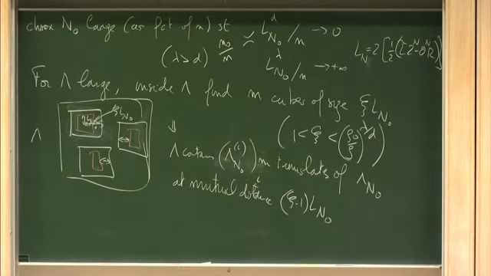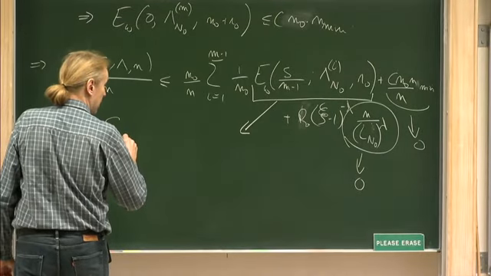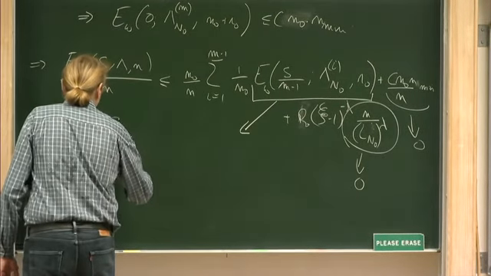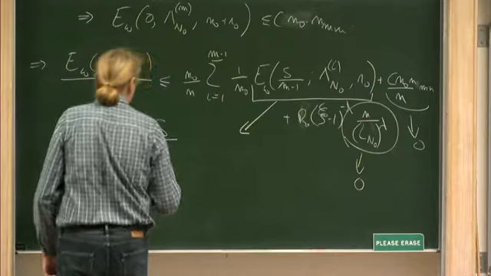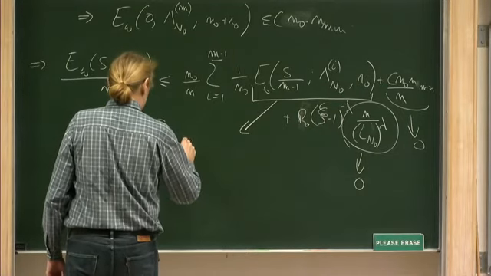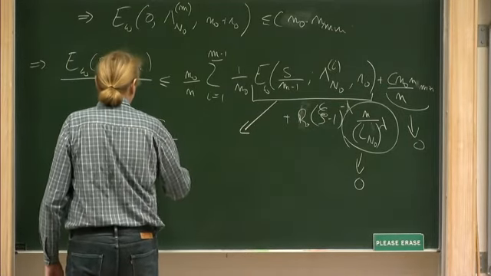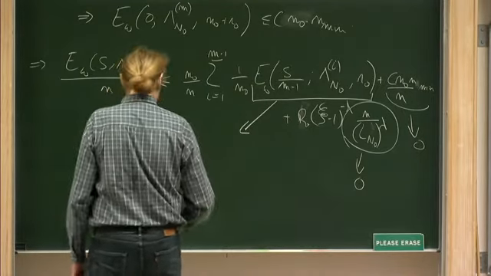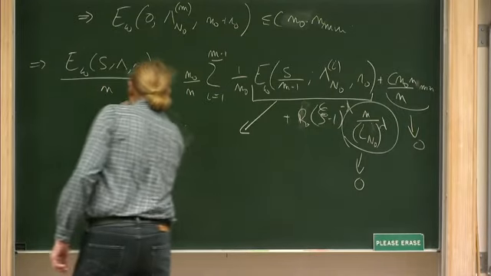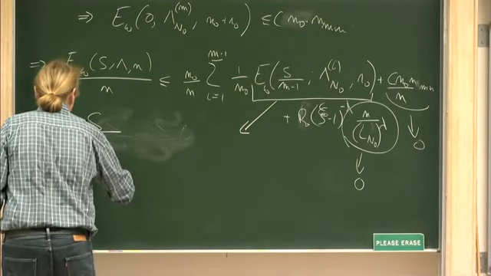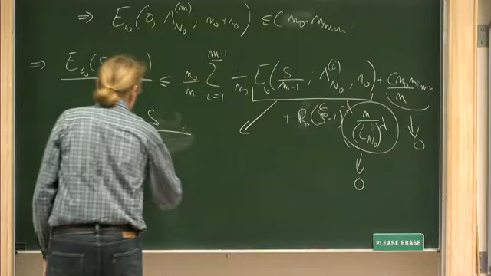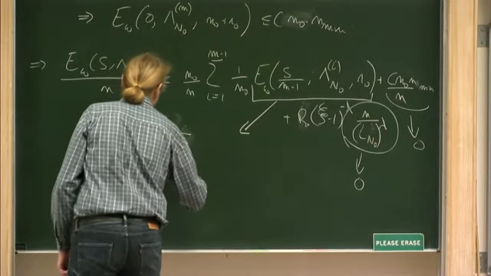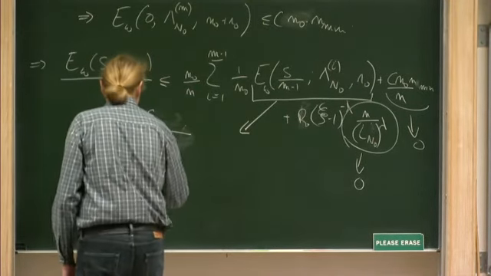Now, S over m minus 1, what is this? This is also S divided by N times N0. So this is N minus R0 times N0.